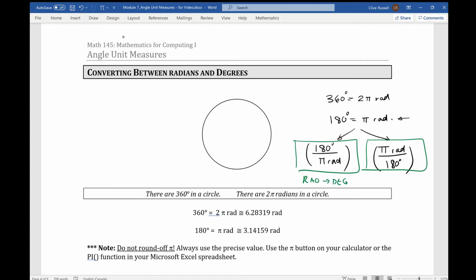Now on the right side here, we have degrees in the denominator. So this is used when you're going from degrees to radians. It's as simple as that. So it's the same method, which is why we try to encourage you to learn this unit factor conversion, because it's going to be useful.